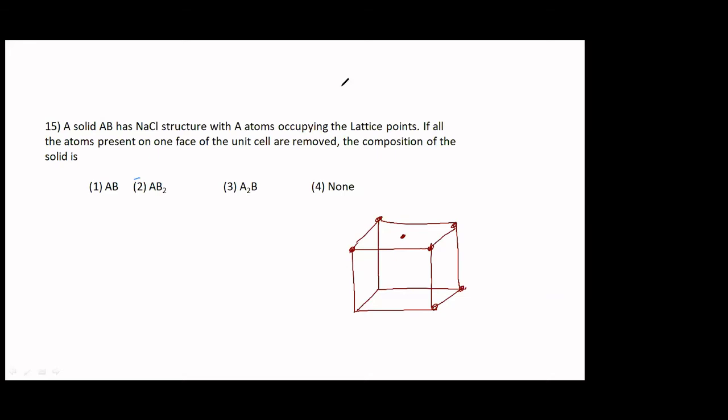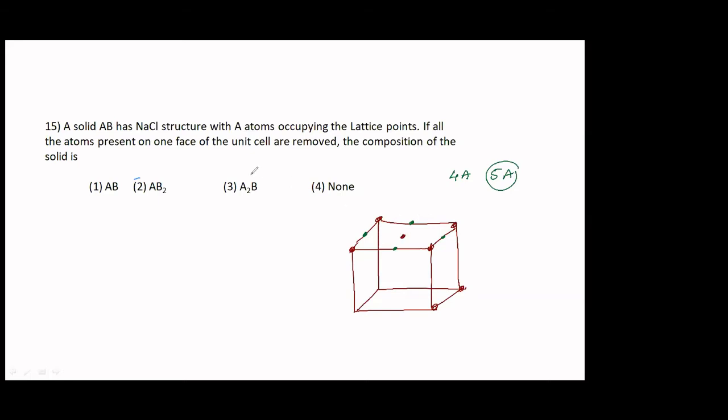Let's consider only one face because the atoms from one face only are removed. And at the edge centers, you have got the B atoms. That is what it says. So you are removing 4 A from the corner and 1 from the center. That means 5 A atoms are being removed. Out of 8, 5 are removed, so you are left with 3 of them, isn't it?